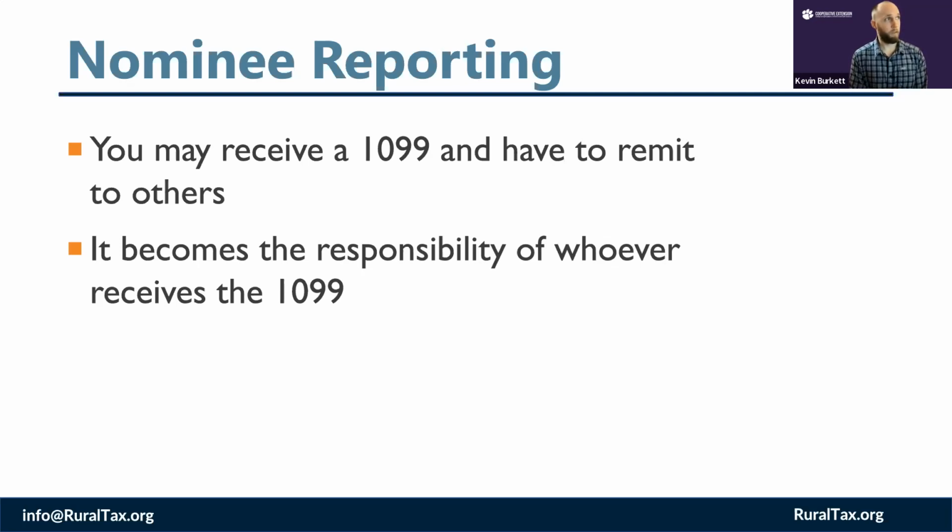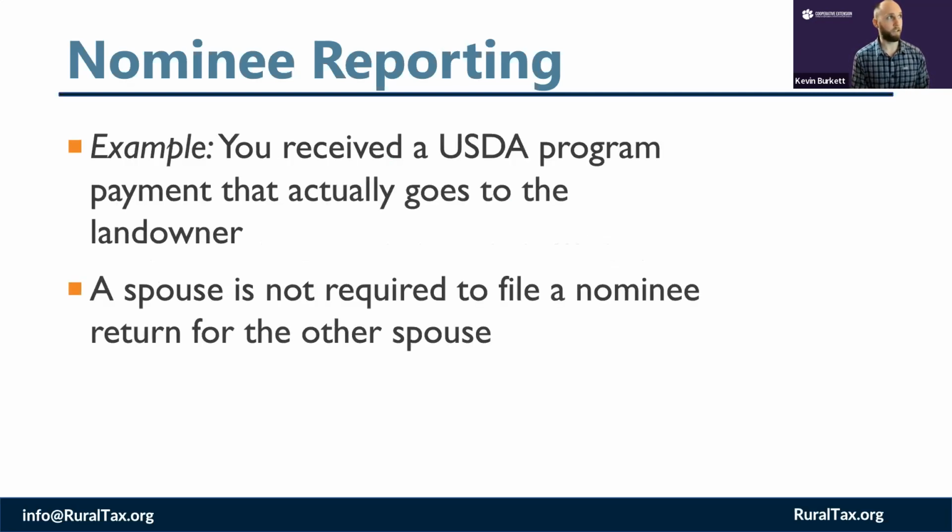And sometimes you may receive a 1099 and you actually are supposed to send that to someone else. So it then becomes a responsibility of whoever received that 1099. So an example might be if you were renting land from someone and your name is on some things related to the farm, but their name is on some things related to the farm. But let's say, for instance, that they're the ones really participating in the USDA program.